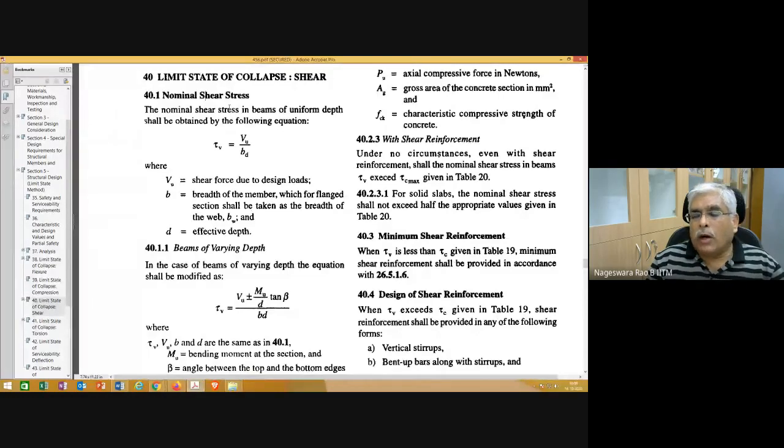Also revise how the stress due to bending, or normal stress, is going to vary across the depth of the section, at least for a simply supported beam, and how the stress variation is going to be for shear stress across the depth of the section. Revise that.